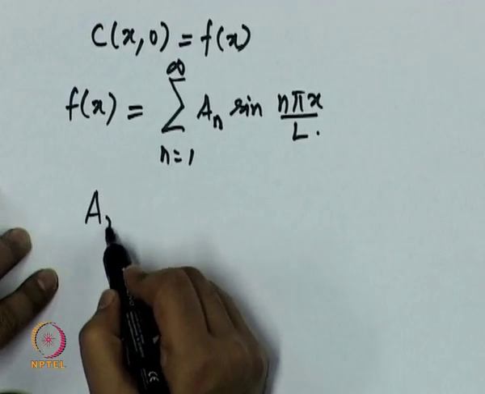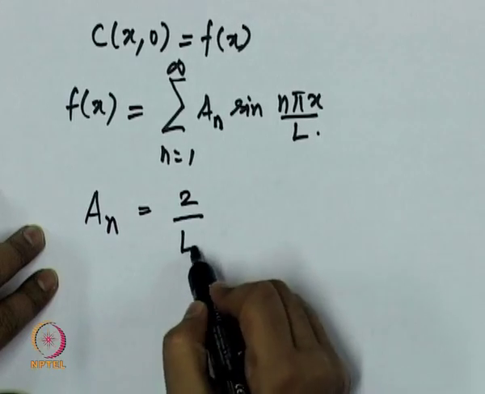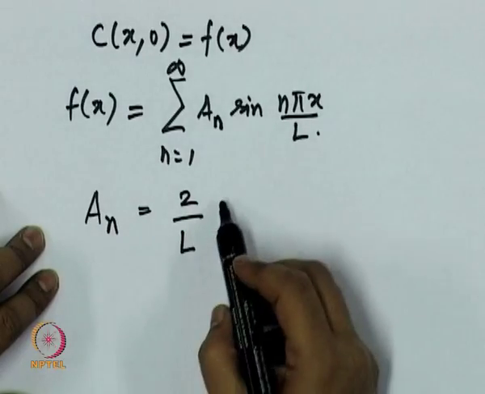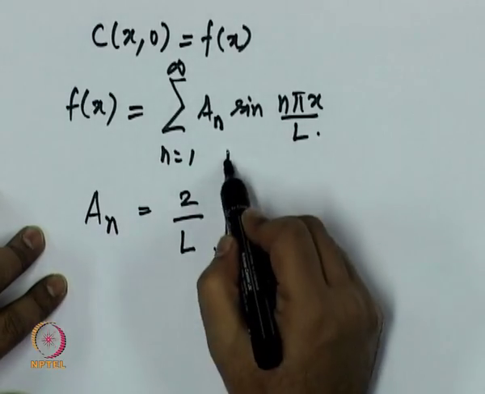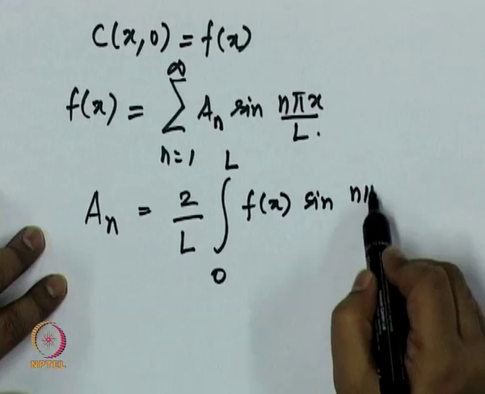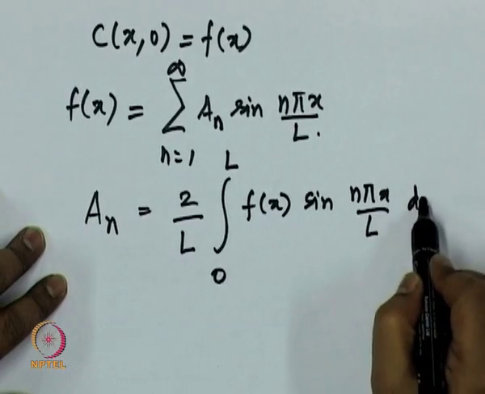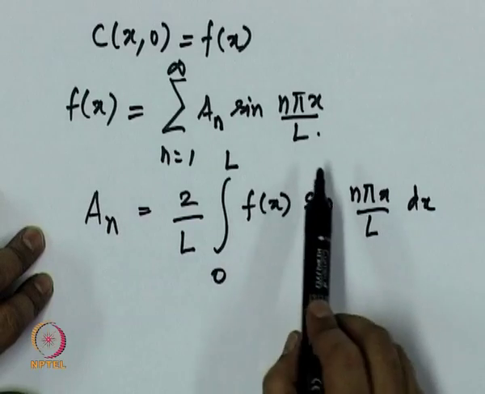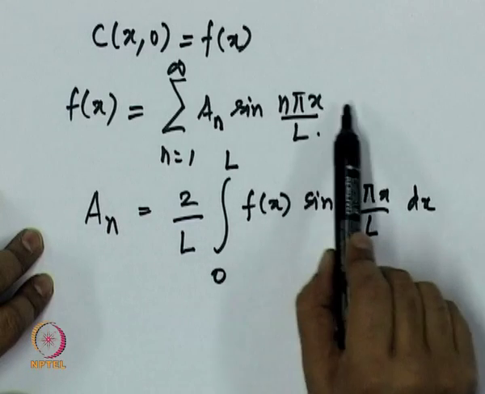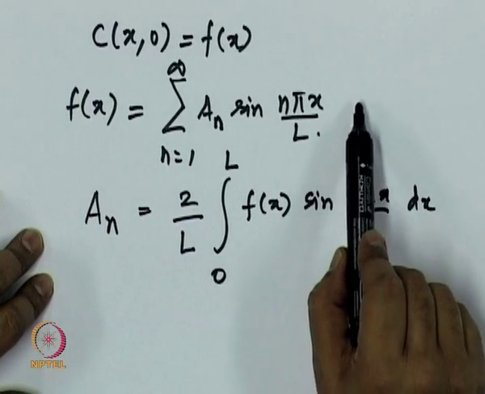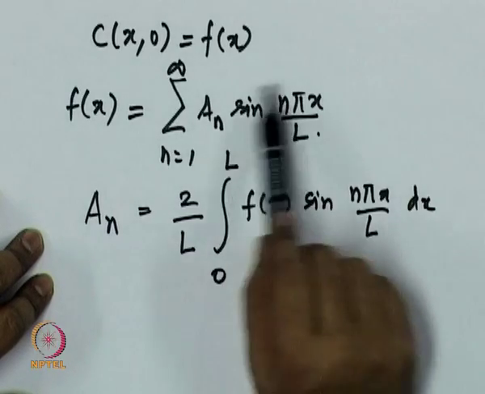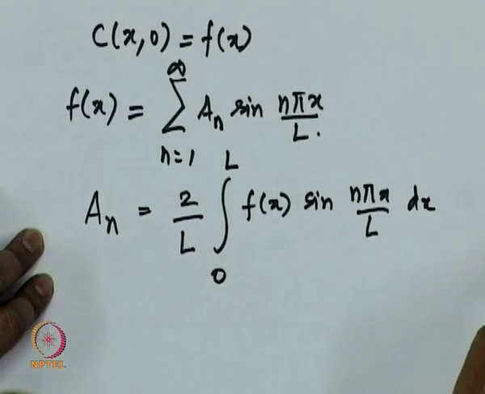So, you can find a n to be 2 by L, integral 0 to L f of x sin n pi x by L dx. We can do this as a tutorial to convince ourselves that this indeed is so. This happens because, suppose you multiply by sin n pi x by L, and this n and this n are the same, only then this will light up; in all the other cases it will be 0.